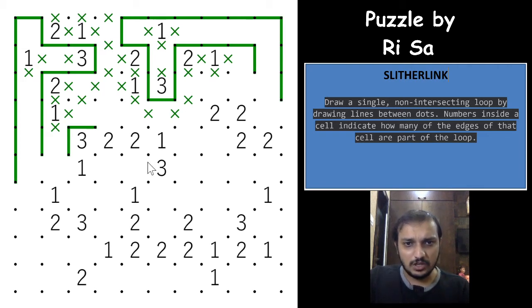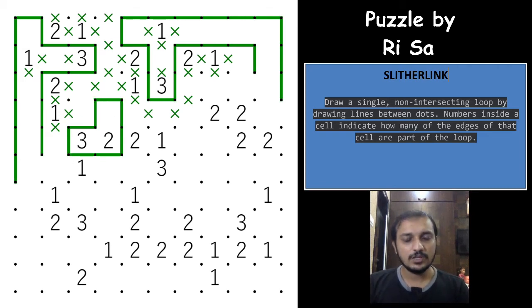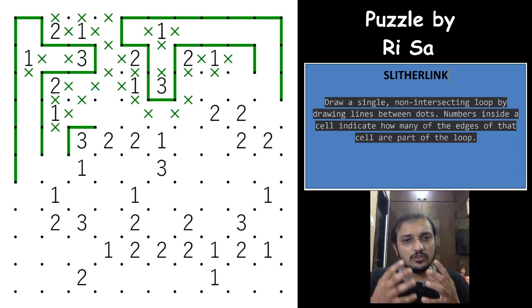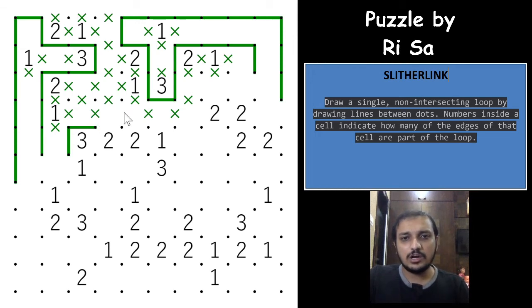So the next piece of logic I see here is this loop segment cannot go up, right? Because the moment it goes up, I see that it forms a closed loop here. Something very complex here, but as I said, you get used to seeing such logic easily when you solve more Slitherlink puzzles, right?